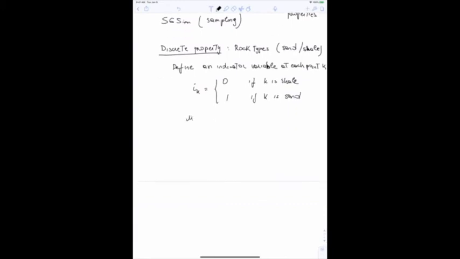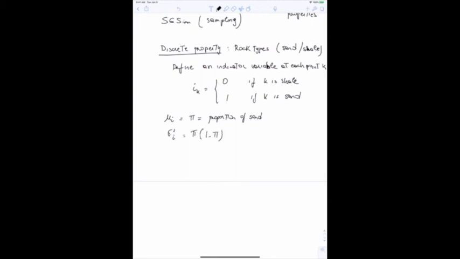Now, the mean of the indicator variable is equal to the proportion of sand, which we call pi. And then the variance is equal to pi times 1 minus pi.